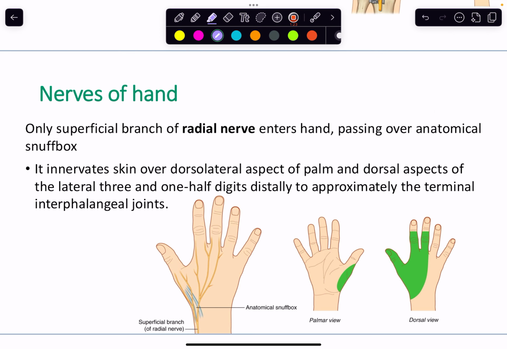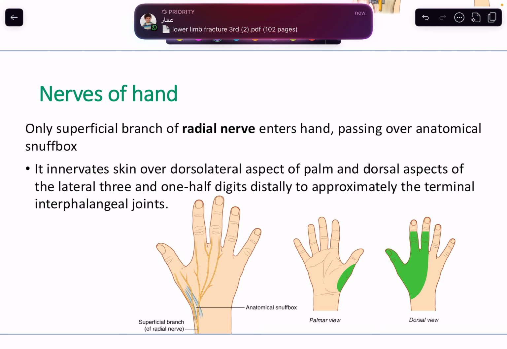So this is the lateral 3.5 digits on the palm side, innervated by the median nerve, and on the dorsal side, the distal phalanx, keep it like this, is the median nerve innervation.